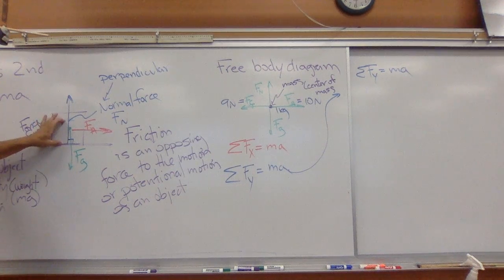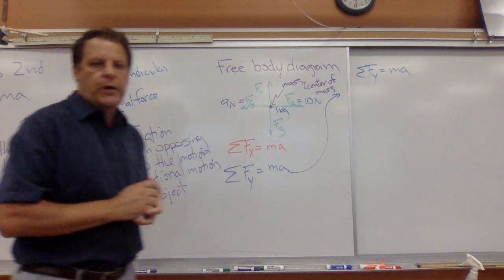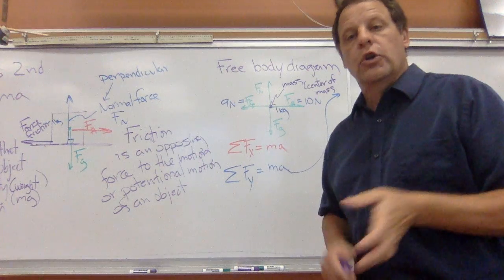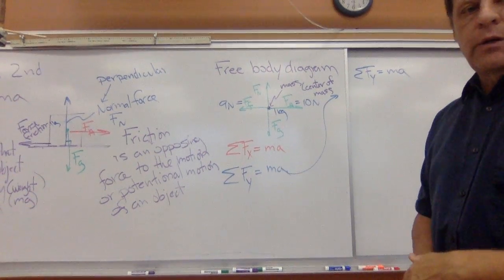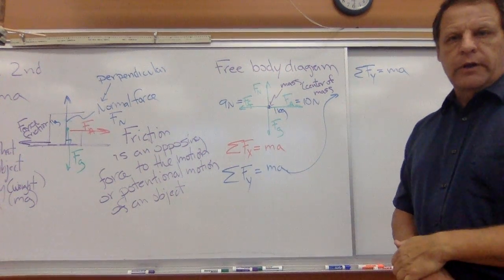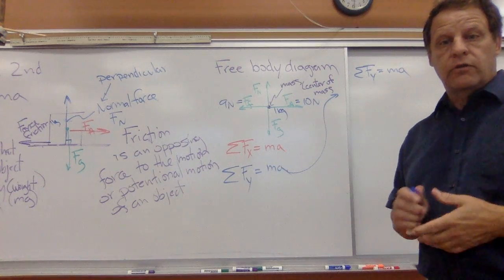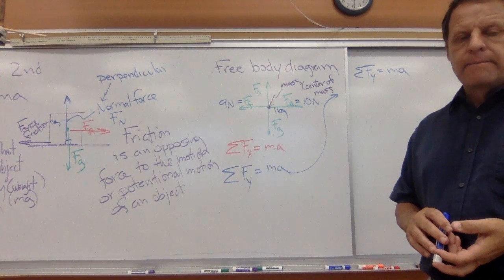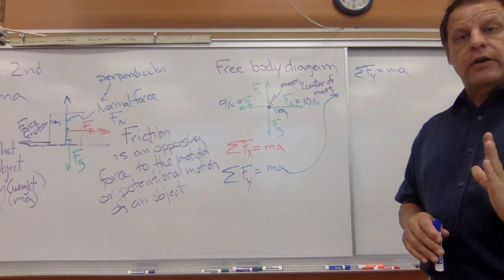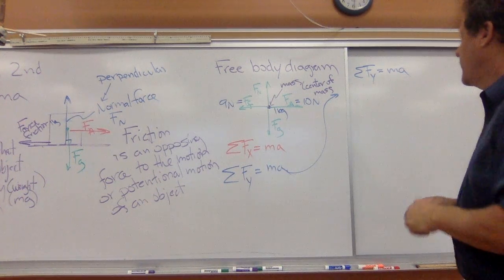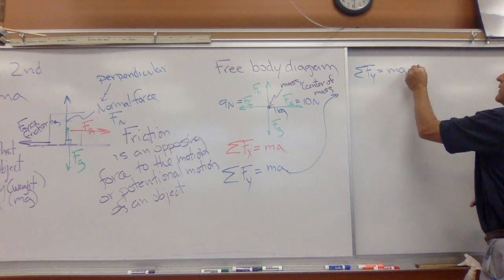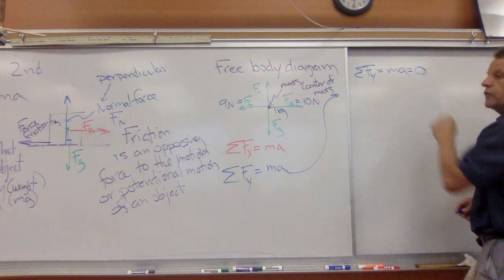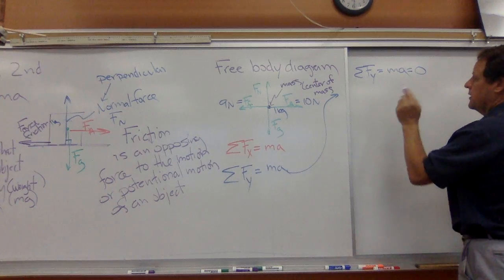If we had a box that was sitting on the ground, would it be moving up and down, that is, in the y direction? And the answer is no, because gravity's pulling it down and the ground is holding it up.